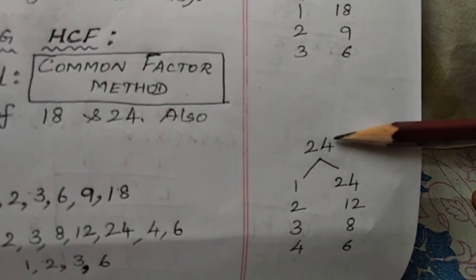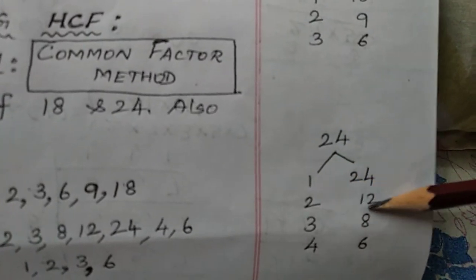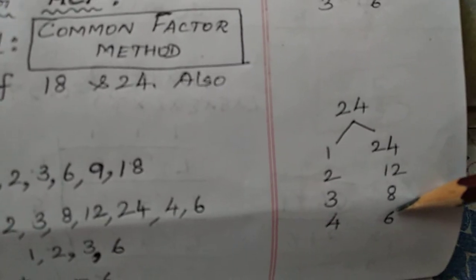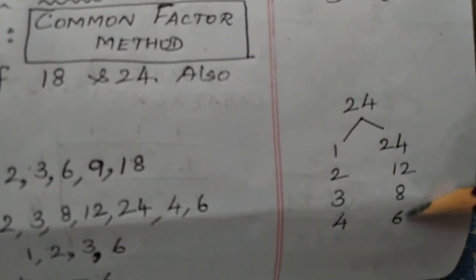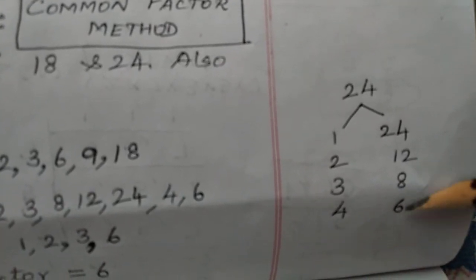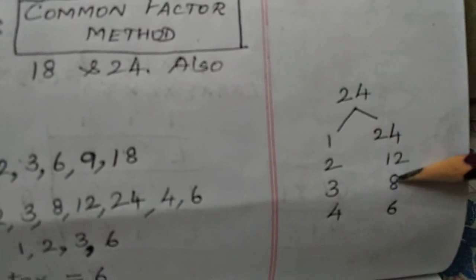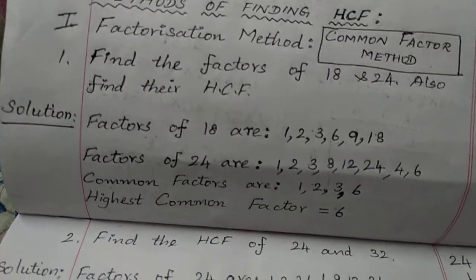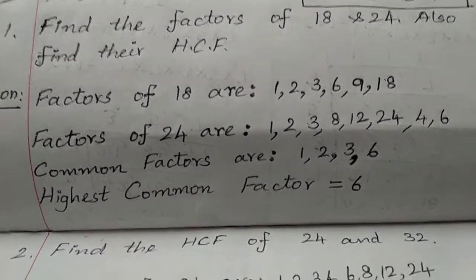Similarly, now factorize 24. It can be written as 1 into 24, 2 into 12, 3 into 8, 4 into 6. Okay. 5 into anything? No. 6 into 4, no, 6 appears again. So repetition occurs. Stop there itself. So factors of 24 are 1, 2, 3, 4, 6, 8, 12 and 24. Now factors of 18 are written.